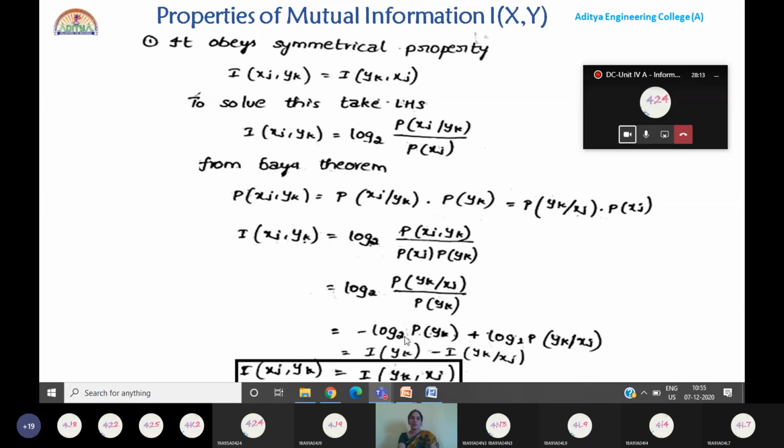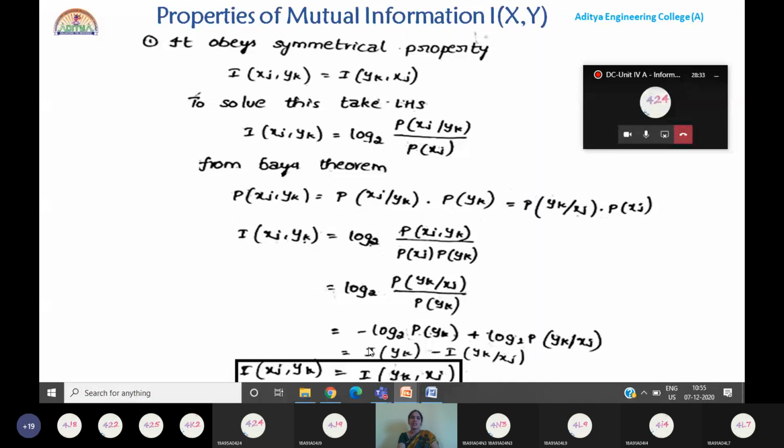Minus log P of yk base 2 is the information of the receiver, that is I of yk. And log P of yk by xj is the information or the uncertainty of the receiver yk knowing the information of xj, so I of yk by xj.